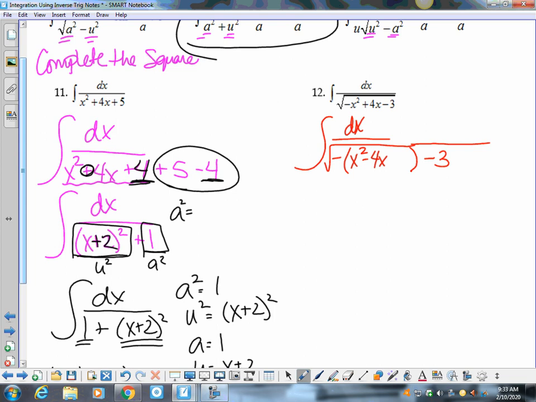What's half of 4? Square it. So I'm going to put a plus 4. But guys, when you put a plus 4, what did you really do? You really did a minus 4. So I'll come over here and add 4. Yes, because when I wrote plus 4, the value was really a minus 4.